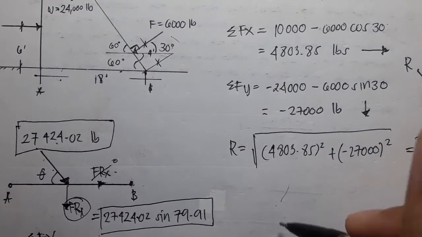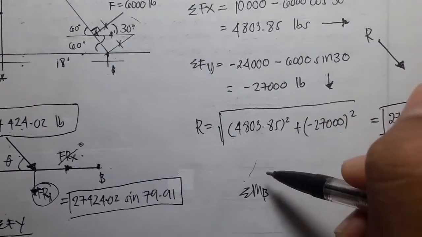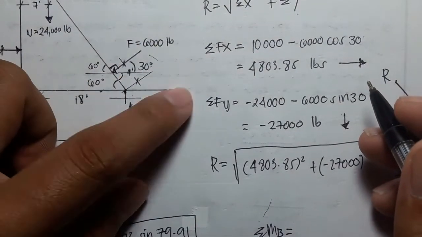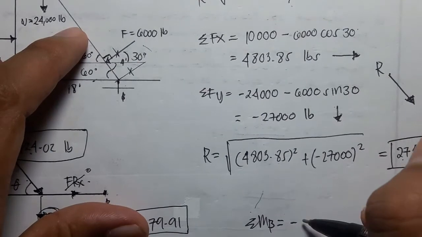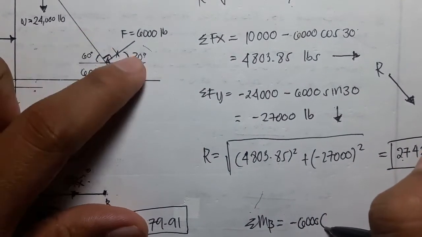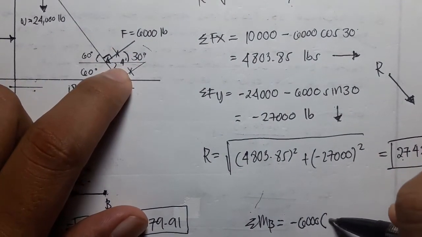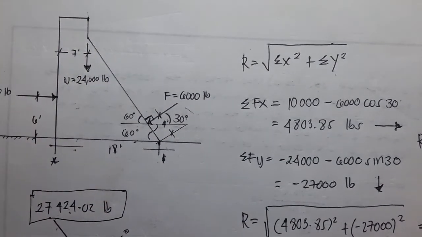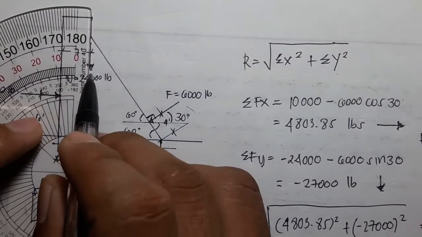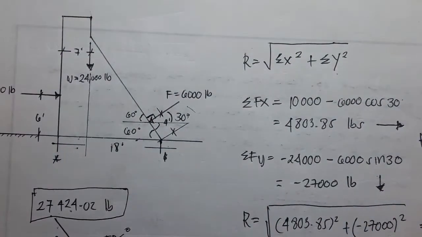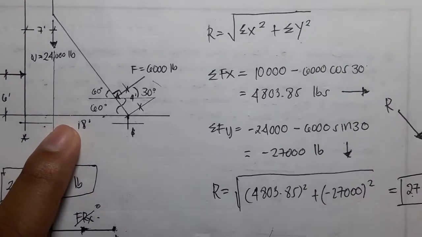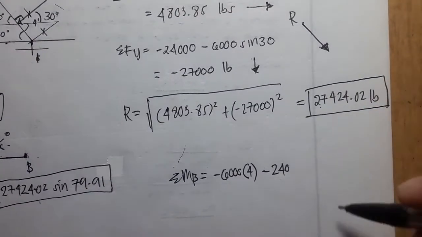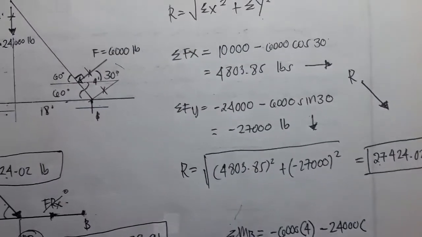So summation of moment at B is just equal to 6,000 times 4 feet, then 24,000, extend it, so this is 7, so negative 24,000 times 11.